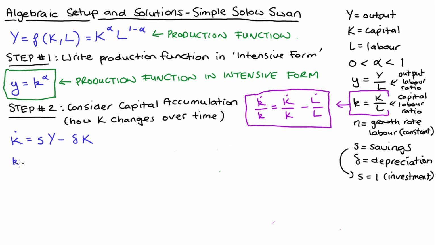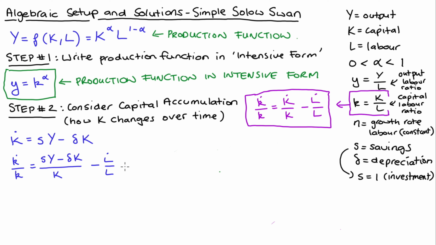So if we do this, we get little k dot over k, that's our growth rate of little k, is equal to big K dot, that's our capital accumulation, so I'll substitute in S times big Y minus delta times big K, all over big K, minus big L dot over L.